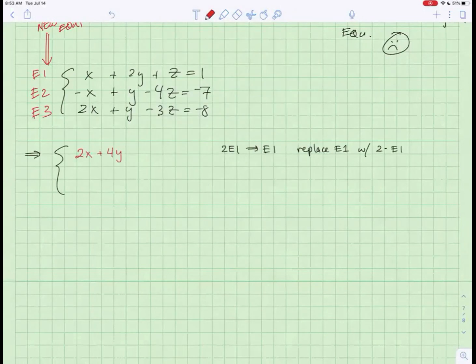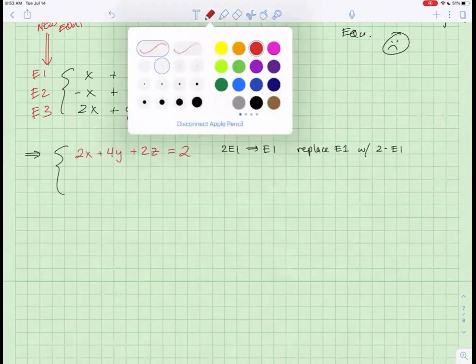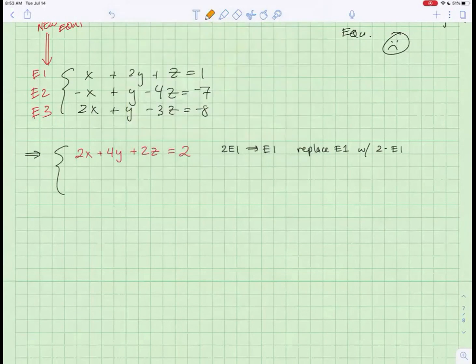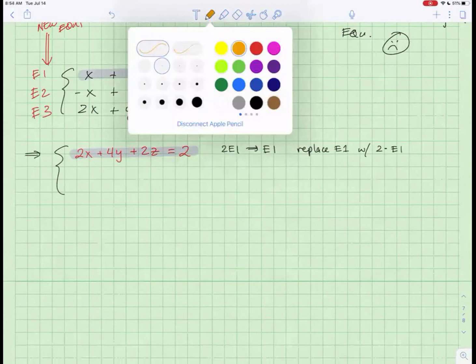So that'll be 2x plus 4y plus 2z is equal to 2. So that was this row, and now that corresponds to this new row, or new equation 1. It's twice as much. I'm going to do the same thing in the next row.